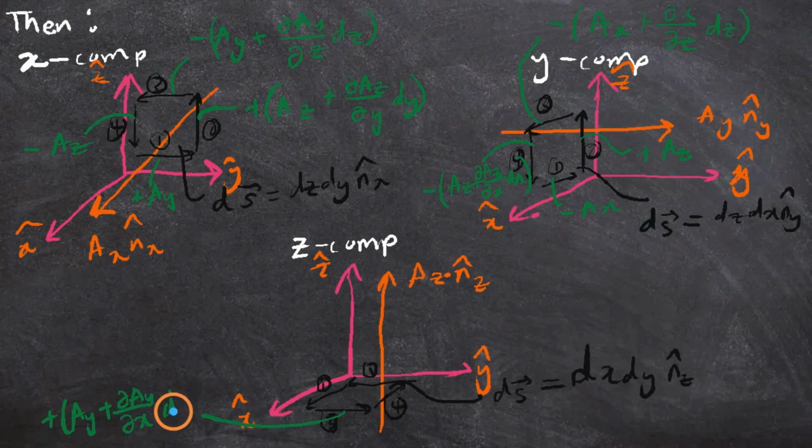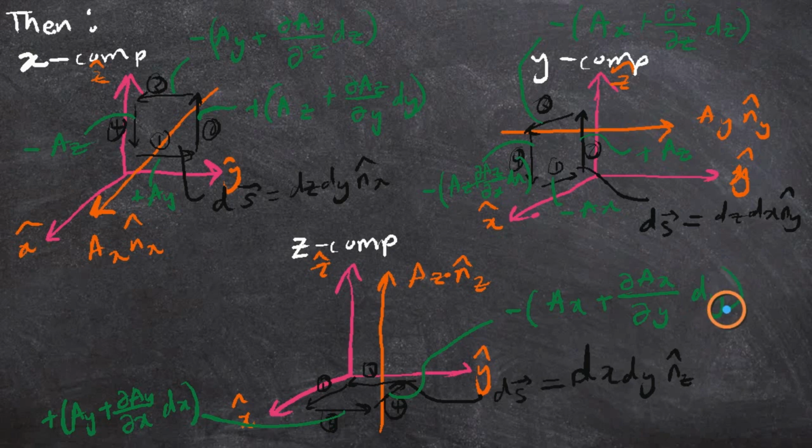So that's path 3. Then once we have defined that, we also go on to define path number 4. Path number 4 is also straightforward in a way, but it's the negative side of ax plus the partial derivative of ax with respect to y, all that multiplied by dy, the full derivative of y.